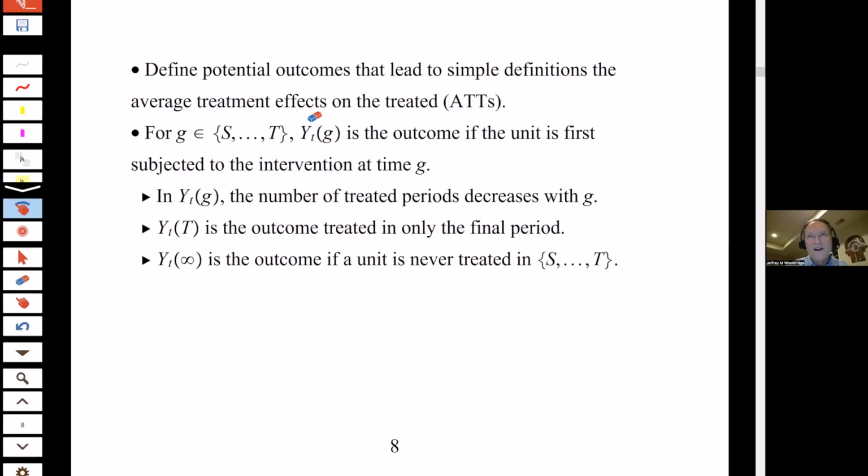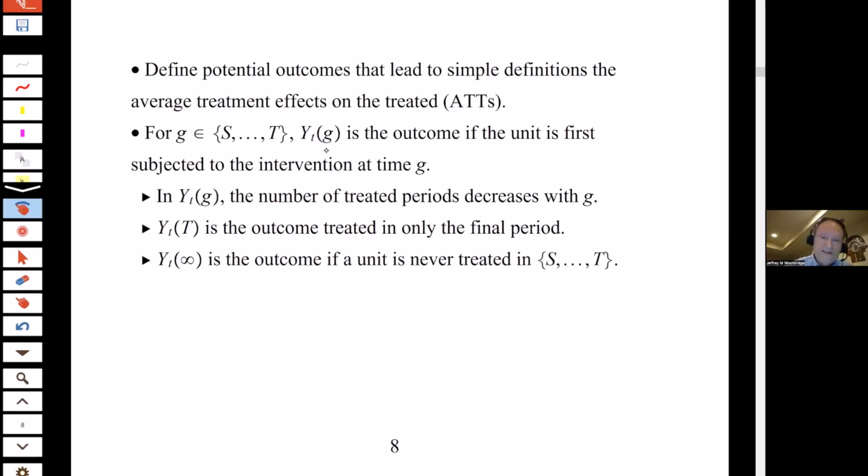Okay, now, one of the things we're going to have to do is restrict when T is actually less than G, so that we're talking about a potential outcome prior to the group being subjected to the intervention. We're going to basically assume that all of those things are the same. Okay, so that's the no anticipation assumption, actually.